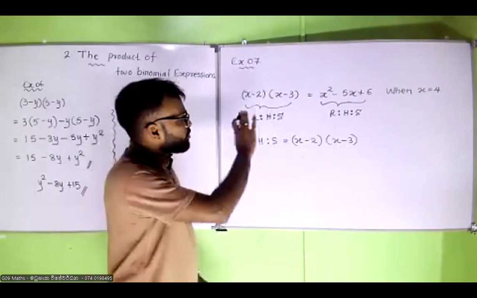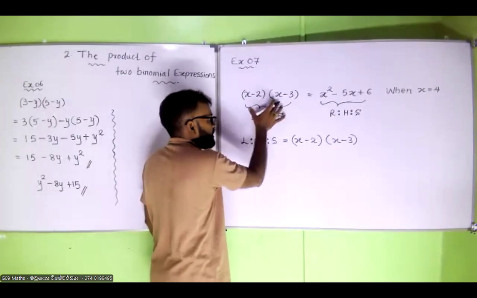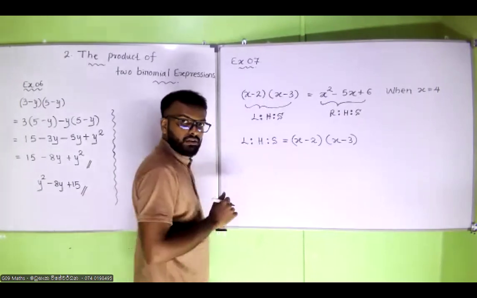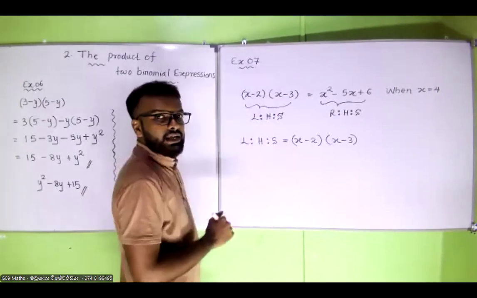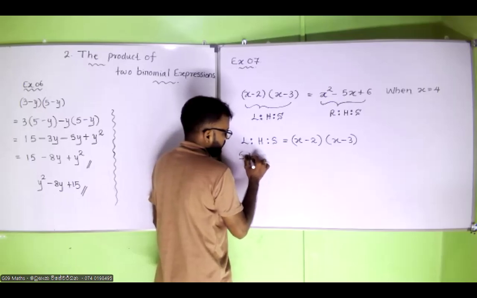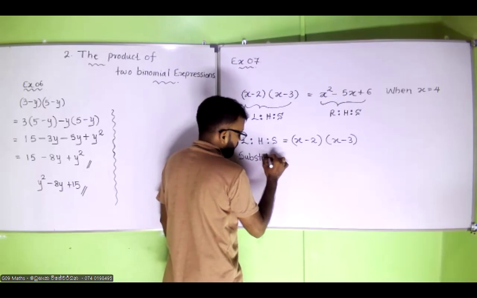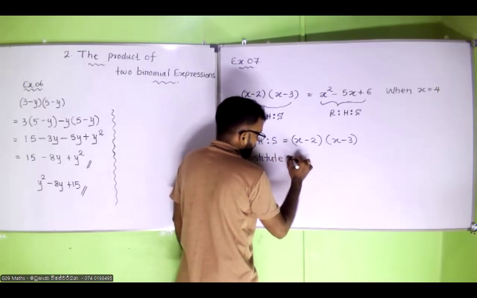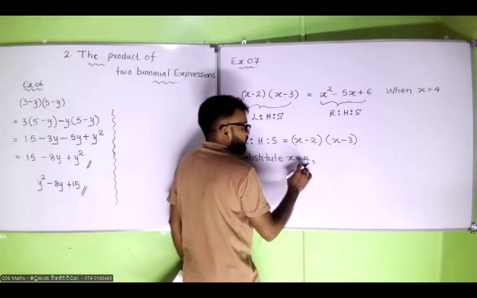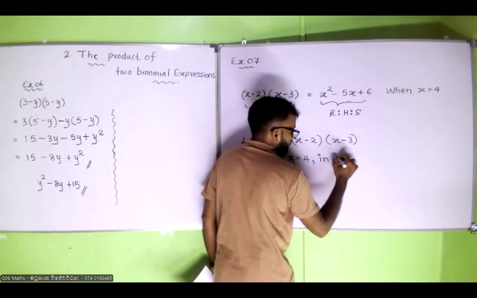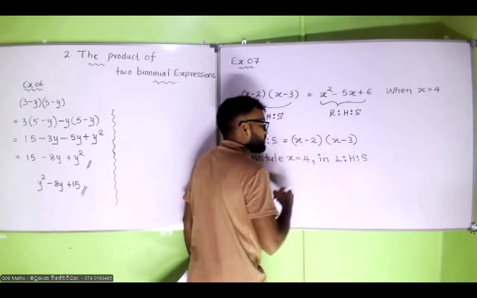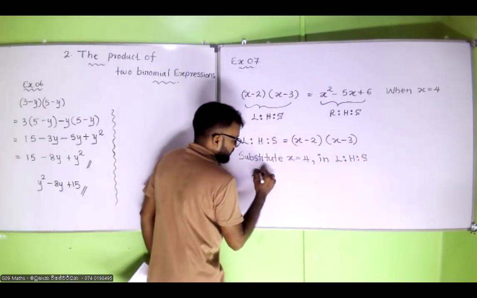Name this LHS, name this RHS. Now take LHS, x minus 2, x minus 3. Substitute x equals 4 in LHS, the left hand side.